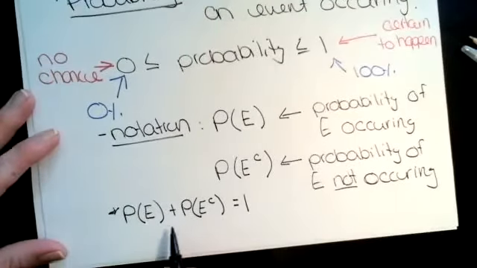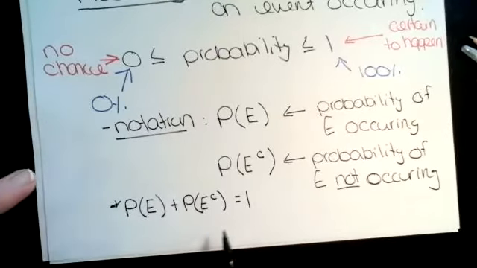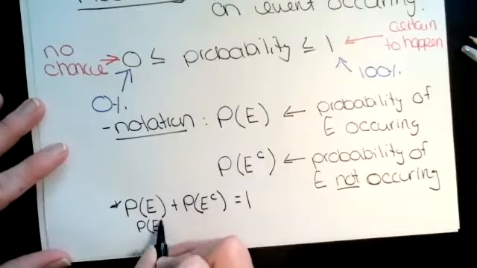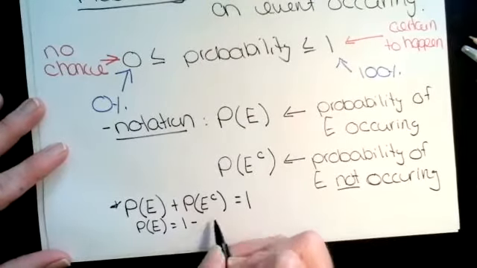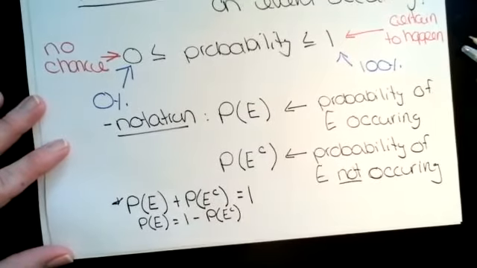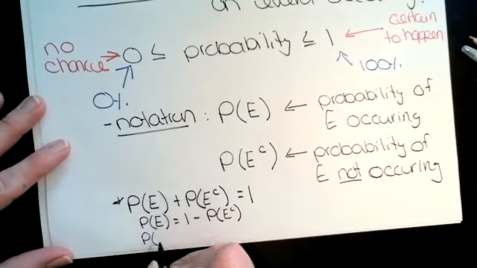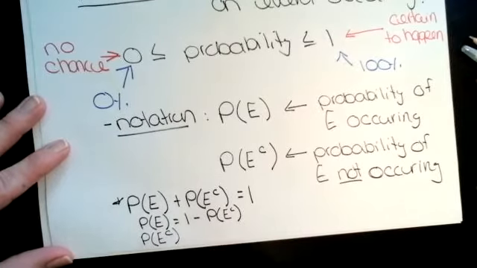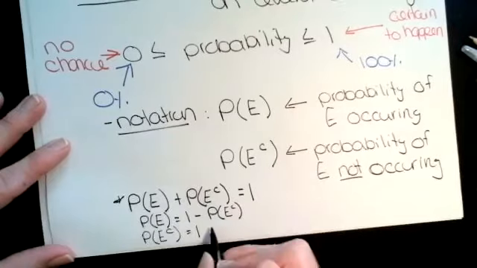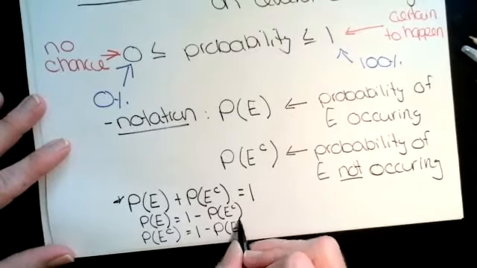I can use this formula and rearrange it to solve for one or the other. So I could say the probability of event E occurring is equal to 1 minus the complement of E occurring. Or I can go the other way around. If I want to know the complement of E occurring, I can say it's 1 minus the probability of E occurring.